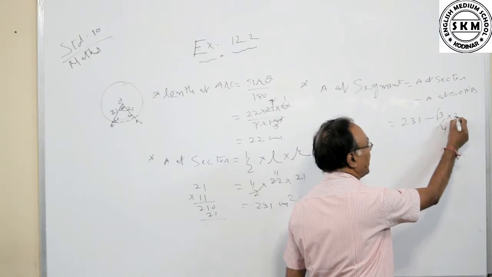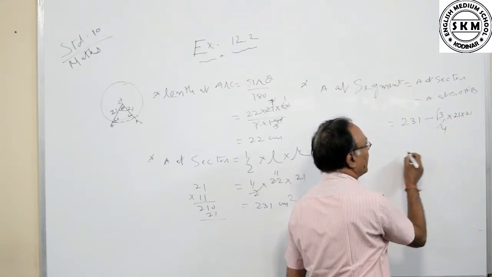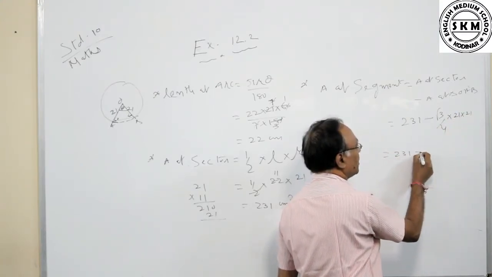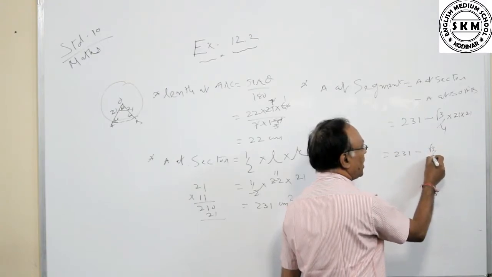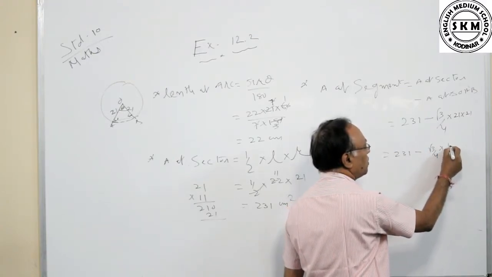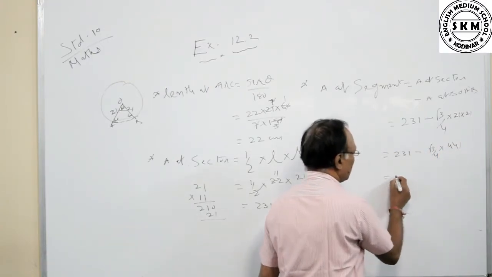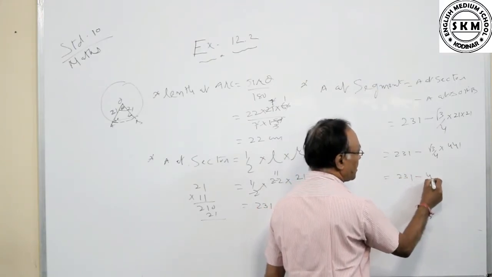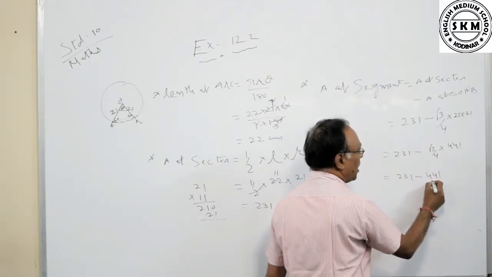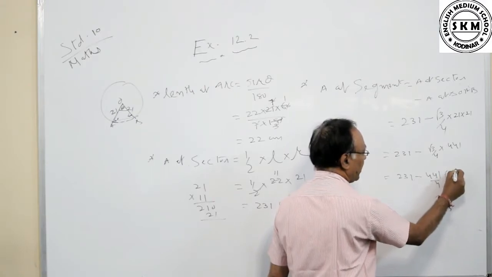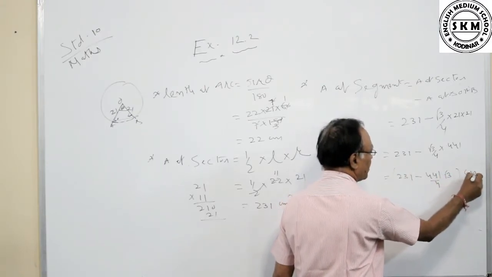Side here is given as 21. So 231 minus root 3 upon 4 into 441, that is 231 minus 441 root 3 upon 4 centimeter square.